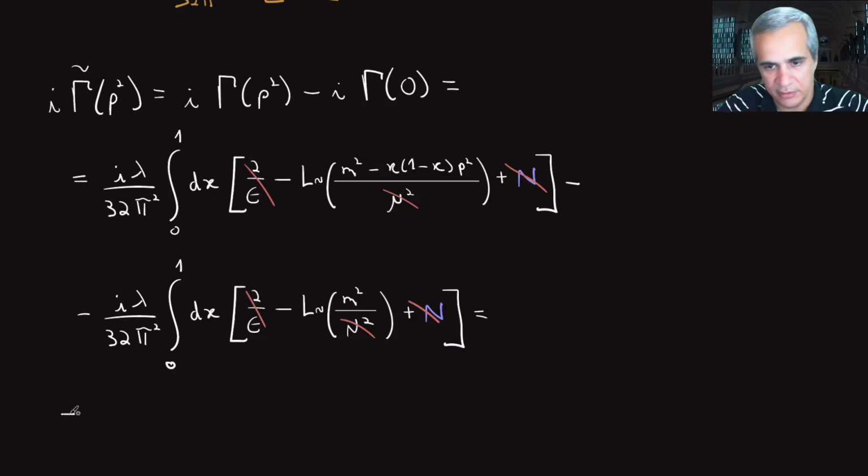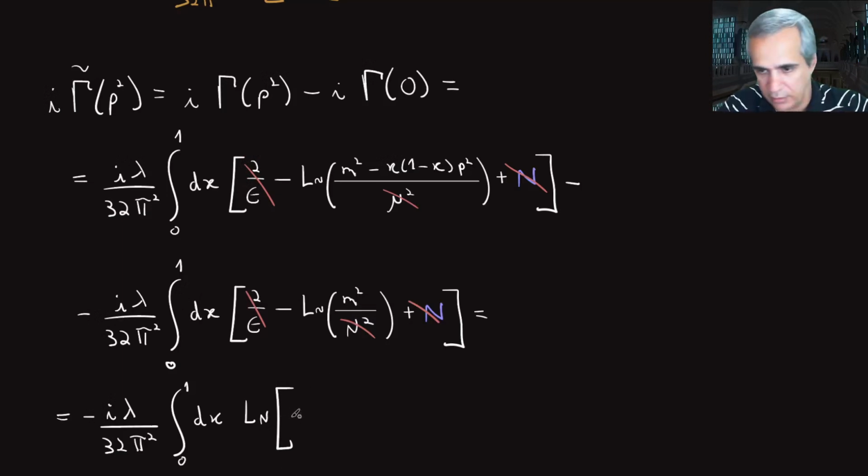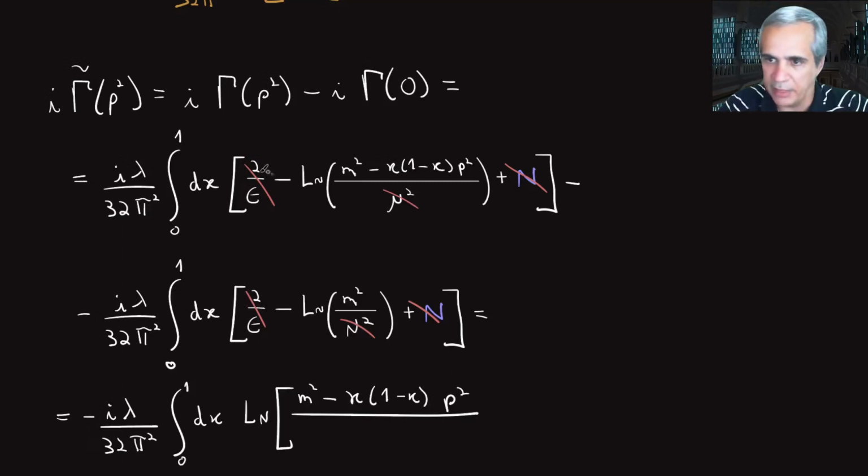This is actually a very cool result. I'll bring a minus out here and compensate this by these two logs: lambda over 32 pi squared, integral from 0 to 1 dx log of, I'll put this one first, m squared minus x times 1 minus x p squared, and that's the minus that went outside.